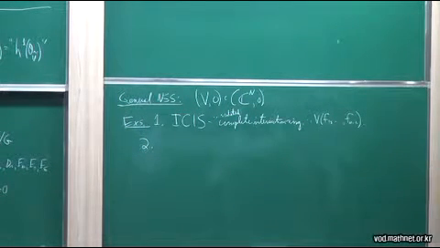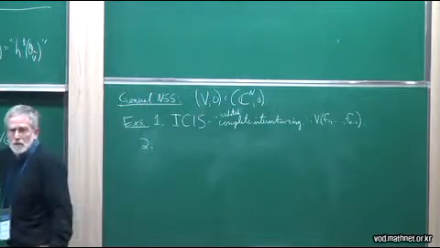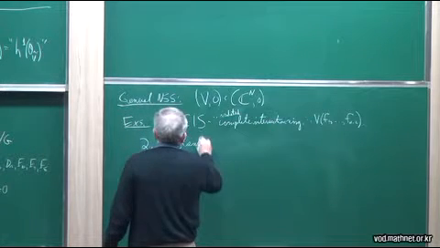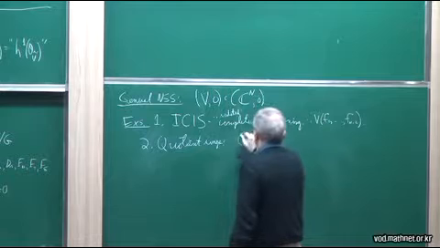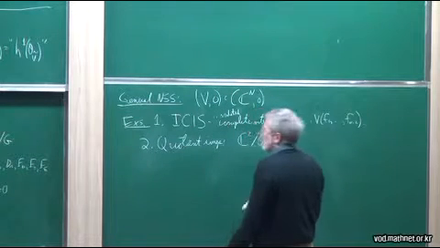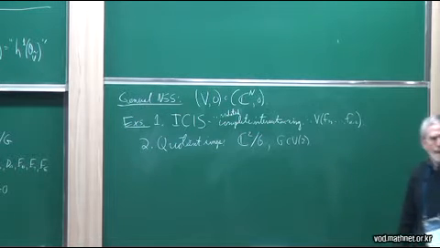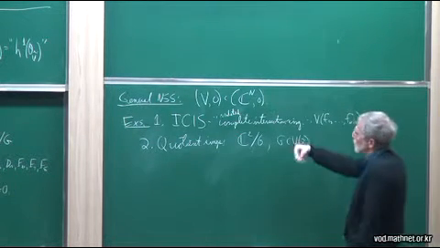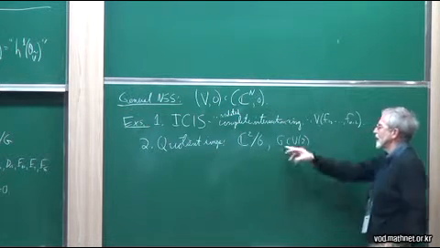The second example that will be important is a generalization of this: quotient singularities. Here you look at C2 mod G, where now G is in U2, not necessarily SU2. To avoid duplication, you assume no element except the identity has eigenvalue 1.